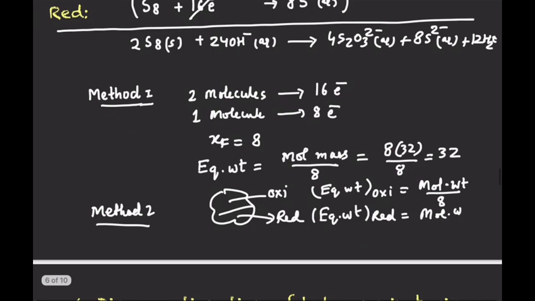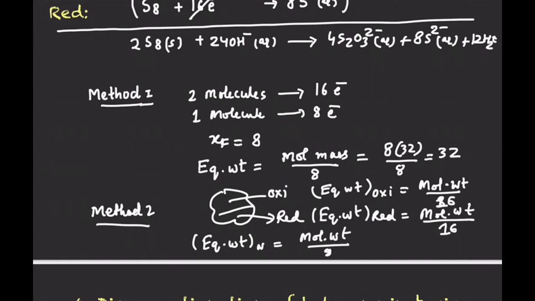Similarly, in the reduction part, molecular weight divided by 16. So if we want the net equivalent weight, adding these two we get molecular weight divided by 8, and we know that the molecular weight of the sulfur molecule is 8 times 32, divided by 8, so that is equal to 32.